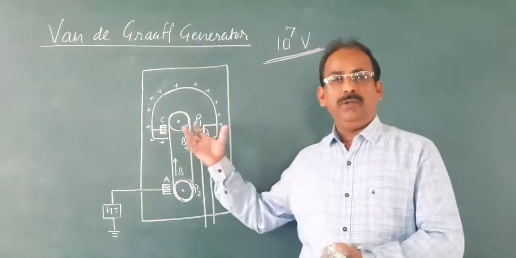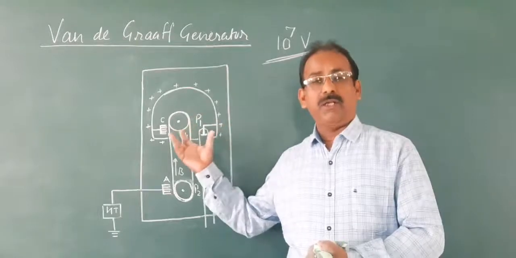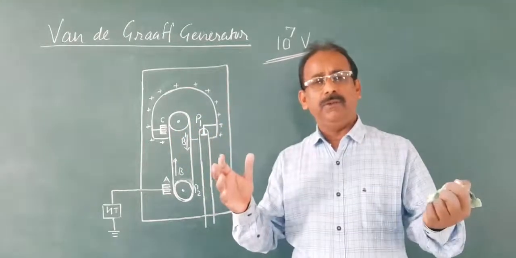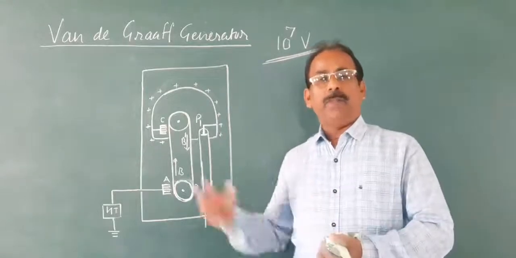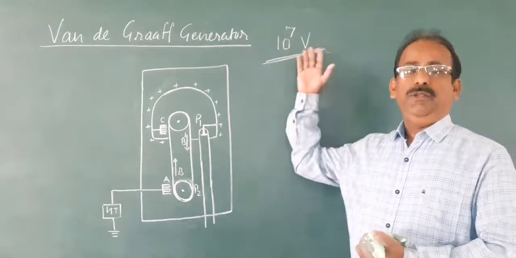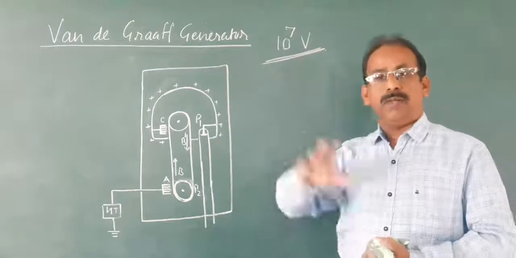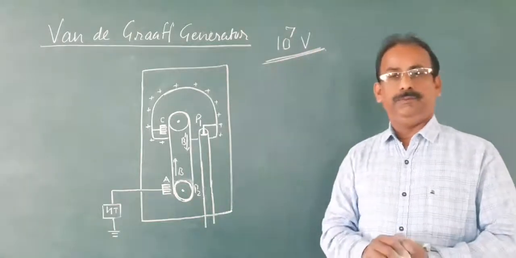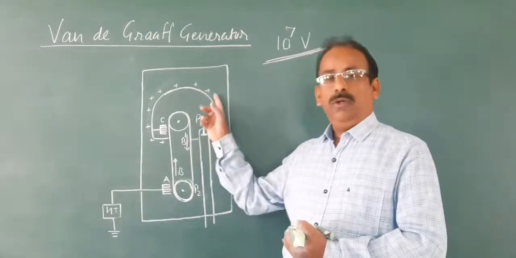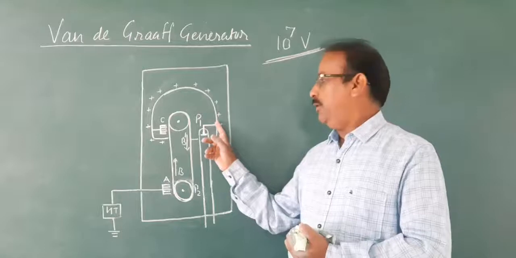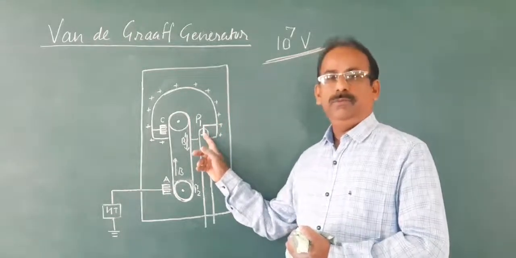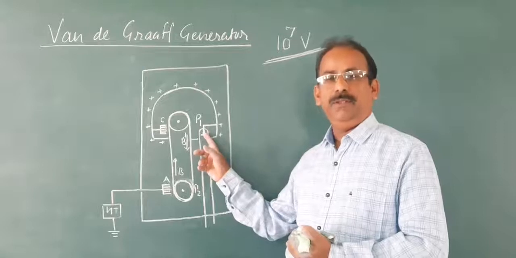You can store a large quantity of charge on this conductor, so that its potential becomes of the order of 10 raised to power 7 volts. Now see that this hollow conductor is connected to this electrode, this metal plate.